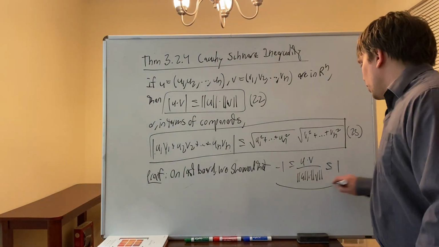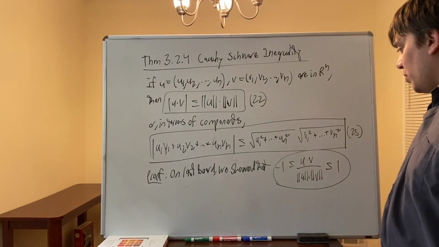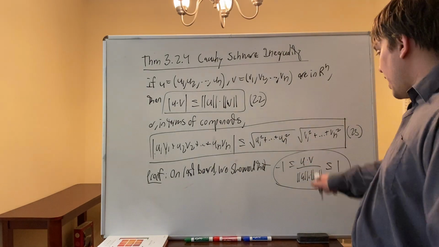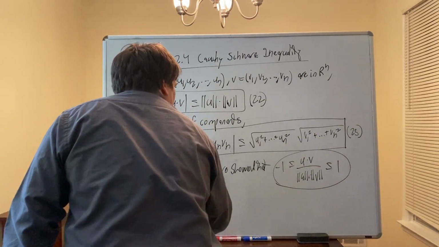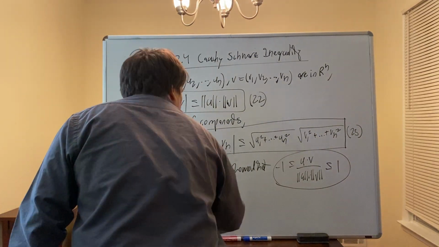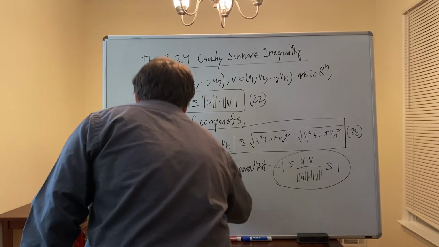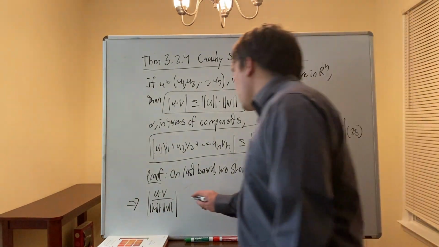So we just showed this was true. Now we're going to take the absolute value of that, and that implies that the absolute value of u dot v over the norm of u times norm of v, the absolute value of this thing which is sandwiched between -1 and 1, is less than or equal to 1.